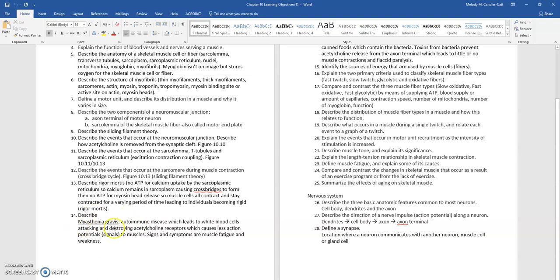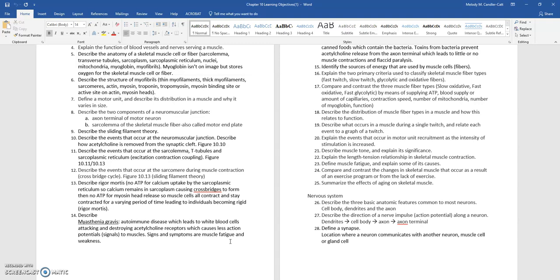Okay, so myasthenia gravis is an autoimmune disease, and you may recall that we talked about an autoimmune disease when we were covering the articulation or joints chapter, and that was rheumatoid arthritis, and we talked about how the immune system can get confused and make antibodies against normal parts of the human body, and that can cause the breakdown and destruction of those parts.